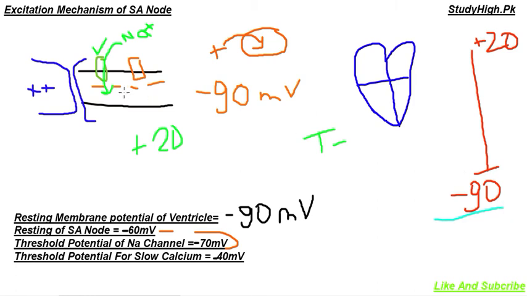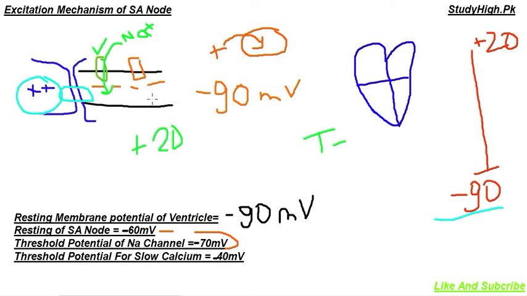Then ions move in from its neighbor cell, because the cell which is in action potential form, or depolarized, has more positive inside, and through intercalated discs, through gap junctions made of connexon proteins, these ions start accumulating in the neighboring cell, which is in resting condition.